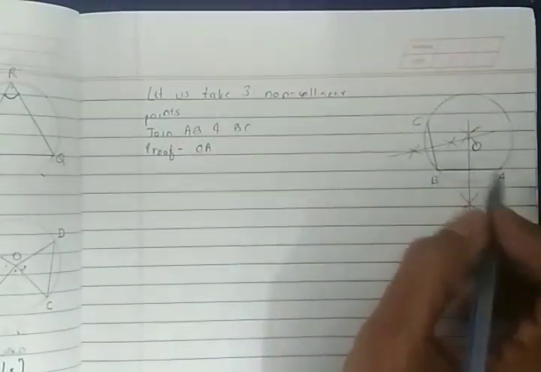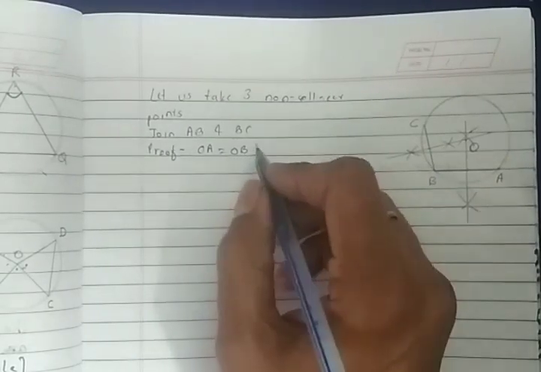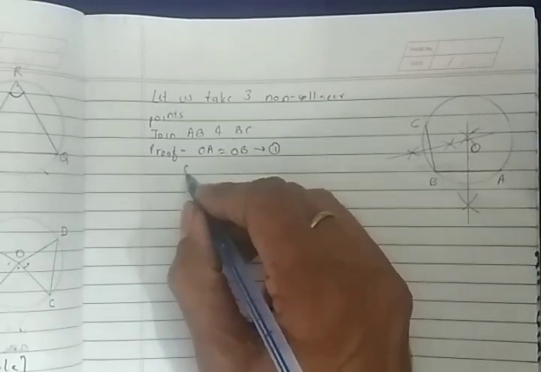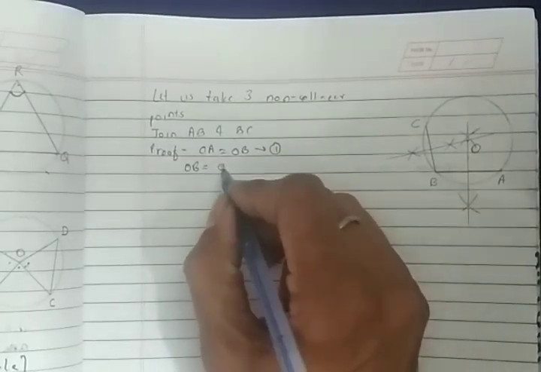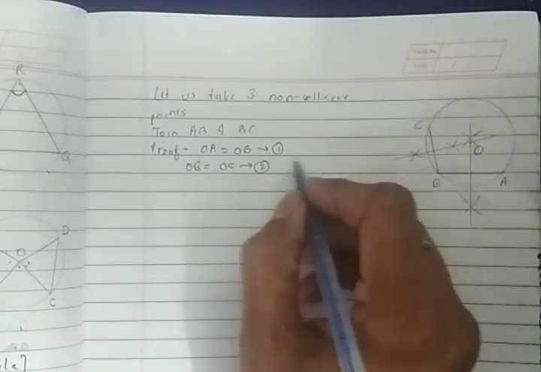This distance OA is equal to OB. Name this as equation 1, and distance OB is equal to OC. Name this as equation 2.